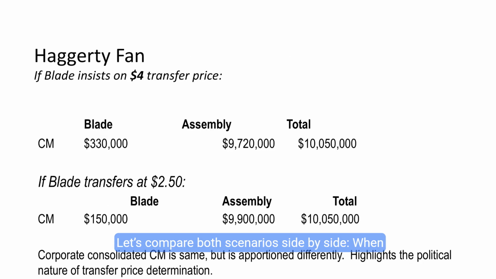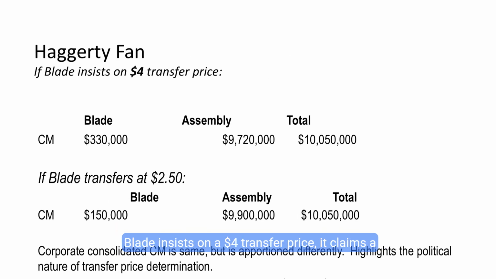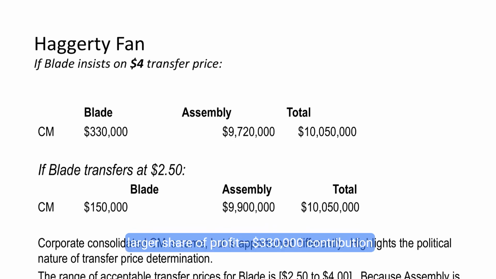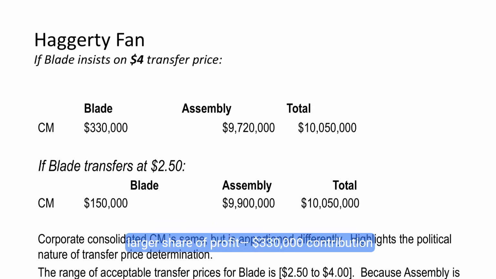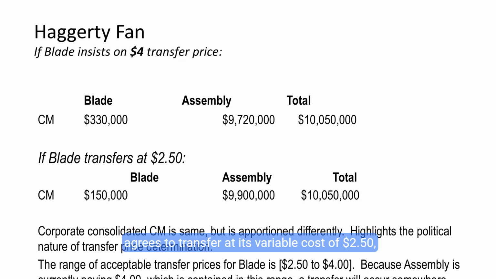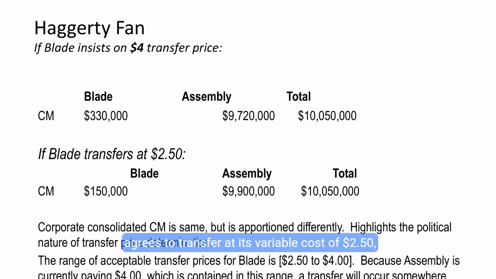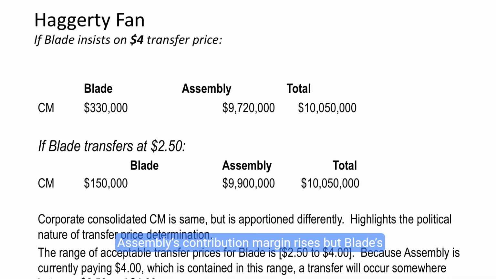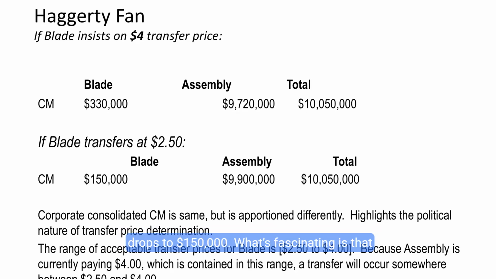Let's compare both scenarios side by side. When Blade insists on a $4 transfer price, it claims a larger share of profit, $330,000 contribution margin, while Assembly receives less. If Blade agrees to transfer at its variable cost of $2.50, Assembly's contribution margin rises, but Blade's drops to $150,000.